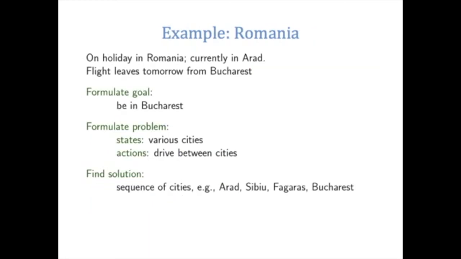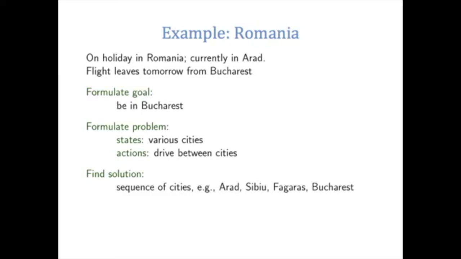So for example, let's imagine that we're on a holiday in the southern European country of Romania, and we currently find ourselves in the city of Arad, but our flight leaves tomorrow from Bucharest. So our goal is to be in Bucharest so we can catch the plane, and we'll formulate the problem so that the states are the various cities.